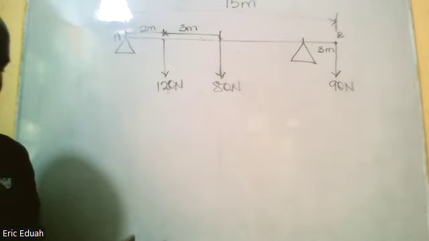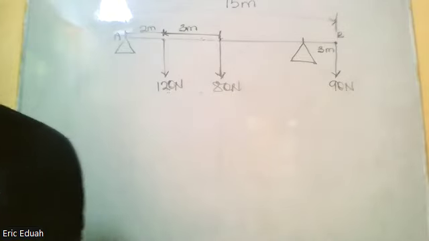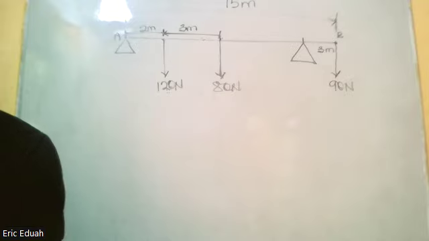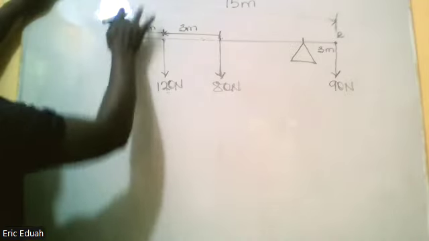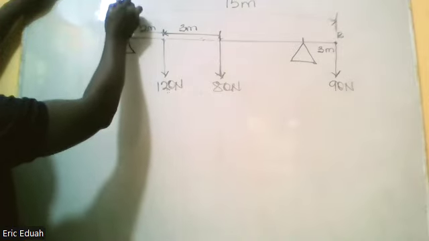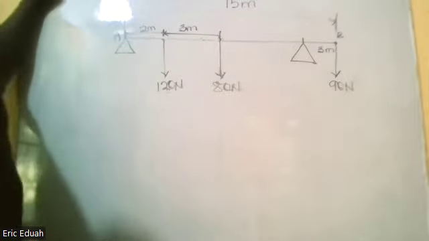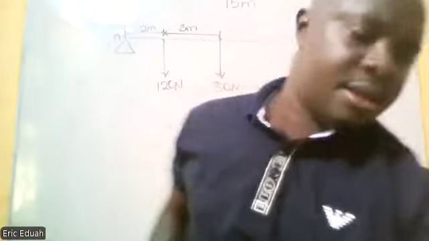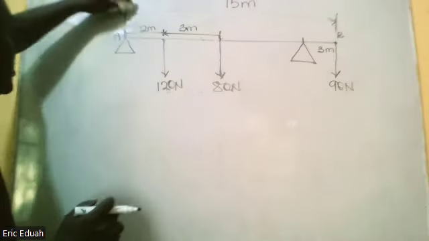Then calculate the reactions of both points of support by taking moments about both supports. So we have to calculate reactional forces at the end, meaning we must determine the reaction force produced by support A. Let me shorten it.